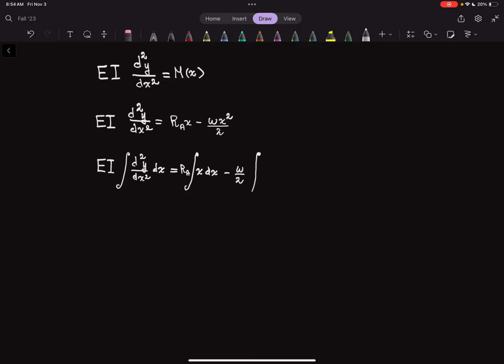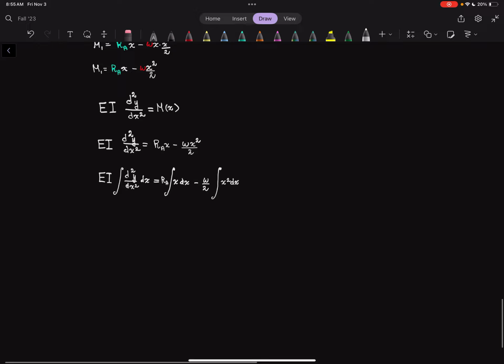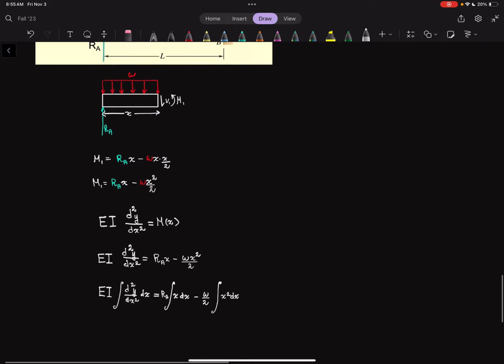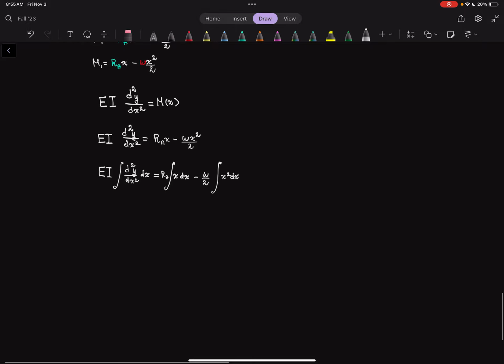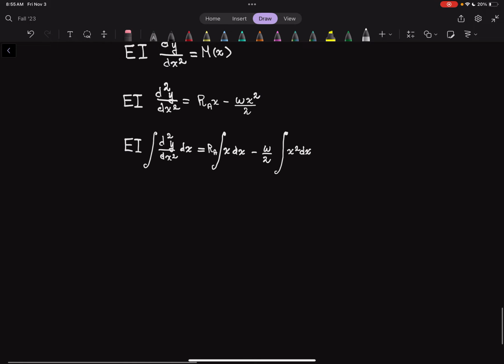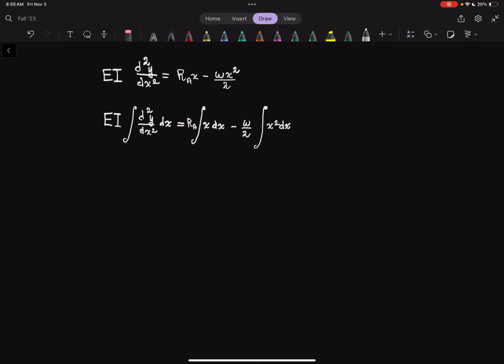Those are both constants. And then here we have x squared dx. Now, I think it's important to realize that I can say W is constant because it's a uniform load. Otherwise, I'd have to have W as a function of x, and I would not be able to pull it out of the integral.